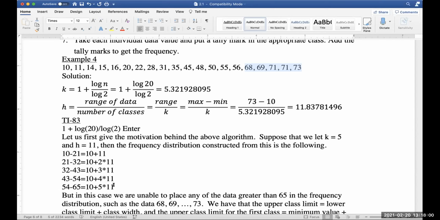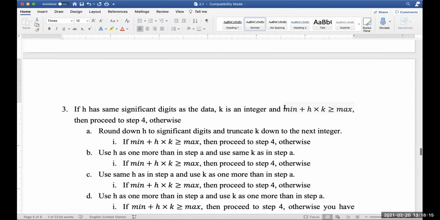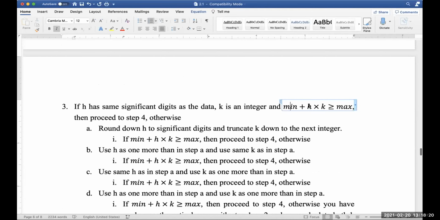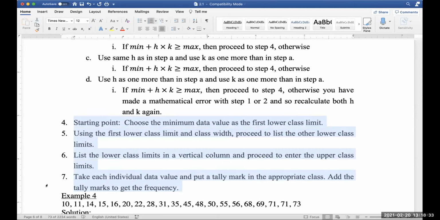But if this last number were greater than or equal to 73, then I would be able to include it. So if the minimum number, 10, plus h times k, whatever 5 times 11, were bigger than the maximum number, 73, then I would be done. I could then draw my frequency distribution.